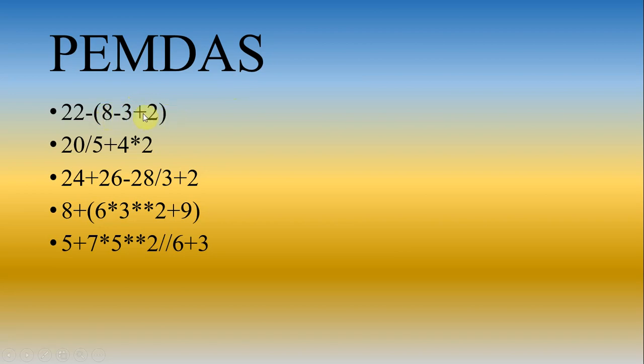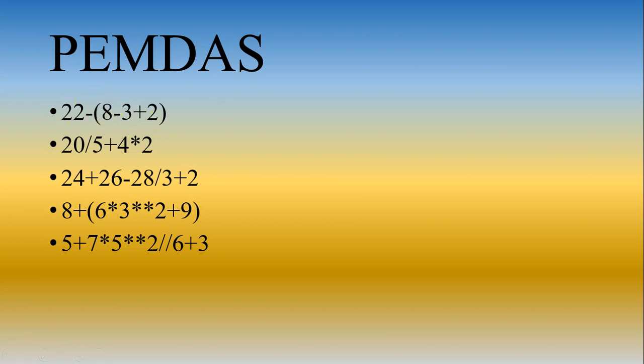Let us start. 8 minus 3, which is 5. 5 plus 2, which is 7. So we have completed the parenthesis and there is only one operator outside the parenthesis and the answer we have got from the parenthesis is 7. So 22 minus 7 should give us 15.